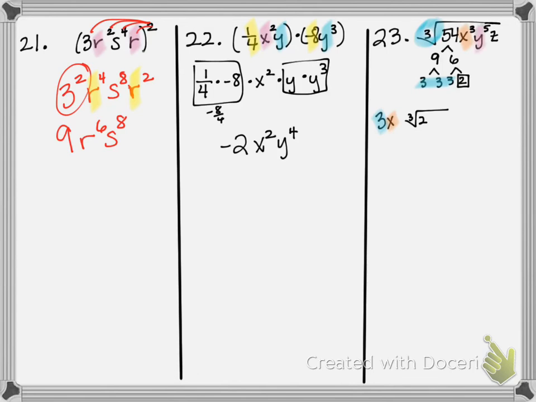And 3 goes into 5 one time, and then there's a remainder of 2. And then there are not enough z's to come out, so they stay inside. So my final answer is 3xy times the cube root of 2y squared z. Okay, so study this, go through the questions, and you should be good to go for tomorrow's test.